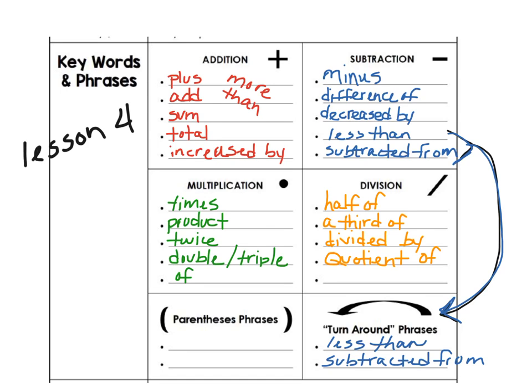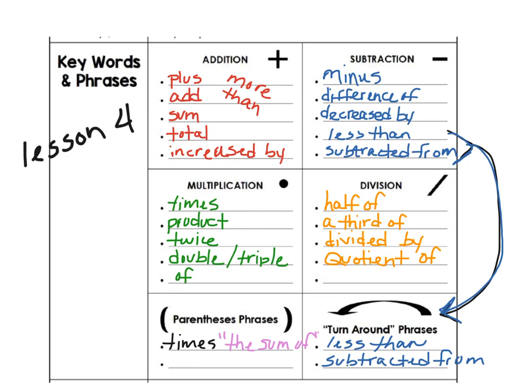So quotient of. And finally, let's write down our parenthesis phrases. So whenever you see the word times the sum of, so let me write this in a different color. Let's do purple. Times the sum of.